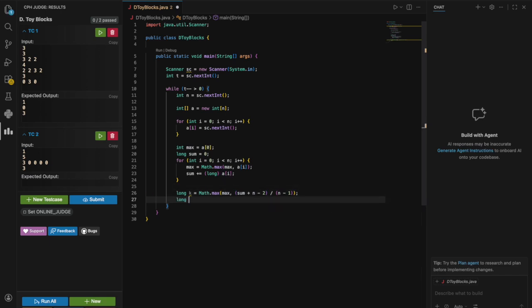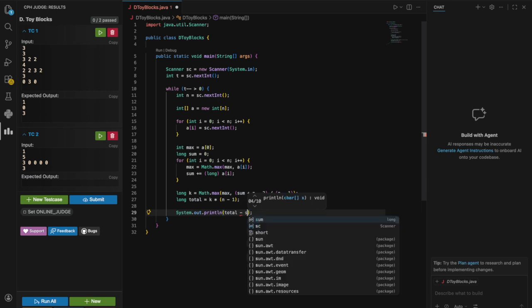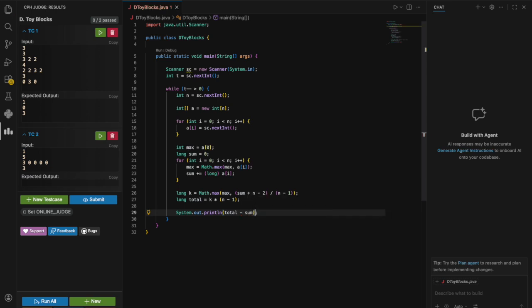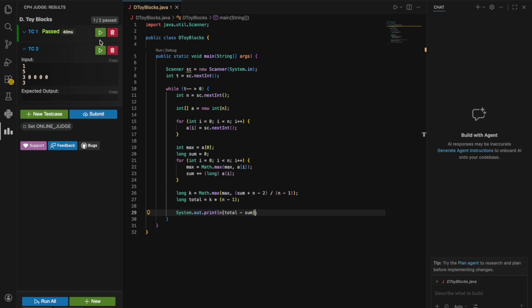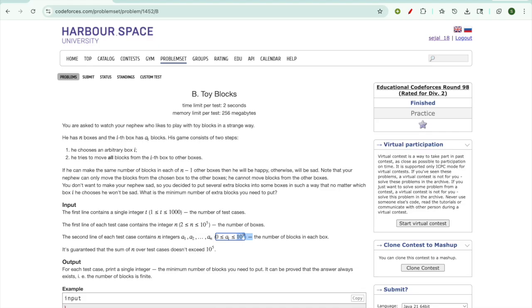Next, let's find the total number of blocks required, which will be k times n minus 1. So our answer will be the total number of blocks required minus the number of blocks we currently have. Let's try to run this, and it's passed.